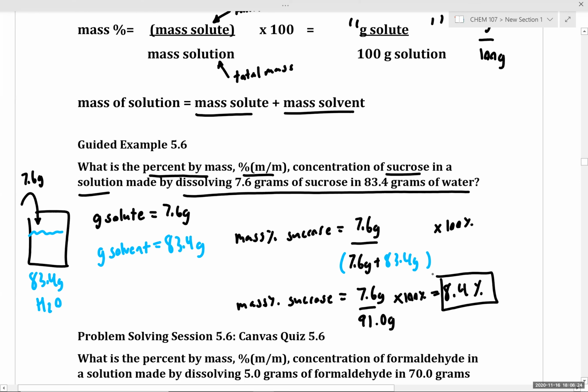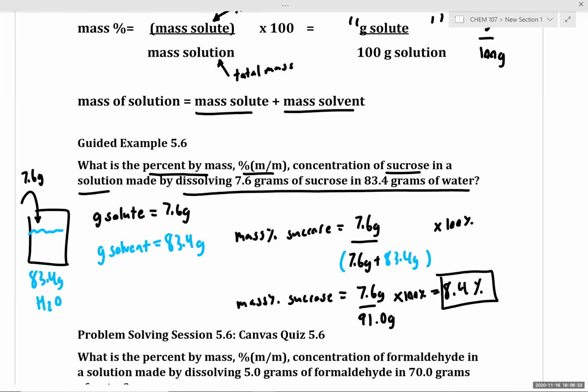Does this make sense to everyone? Does this process make sense? Yes. Perfect.